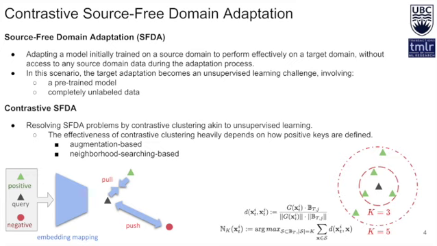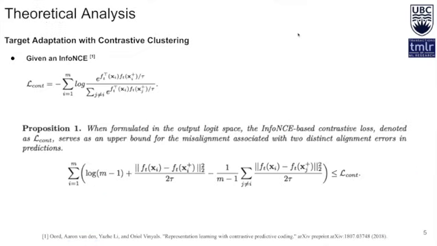The first way is to design a data augmentation technique and use the predictions of the augmented target query samples as positive keys, and use the other samples as negative keys to perform the clustering. The second way is to use a neighborhood searching based method, which simply uses the predictions of the k-nearest neighbors of the target query sample.